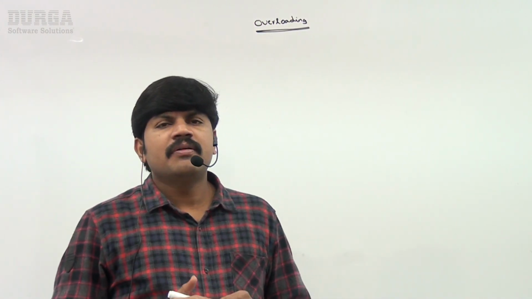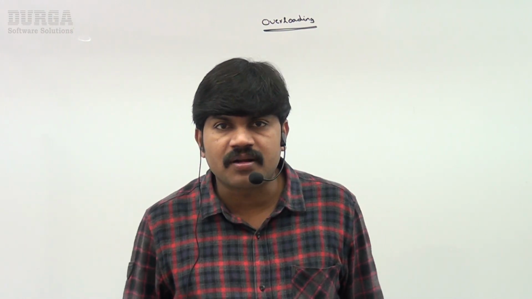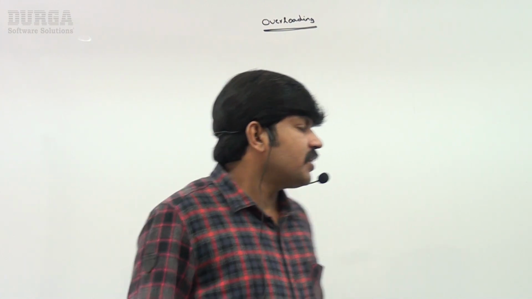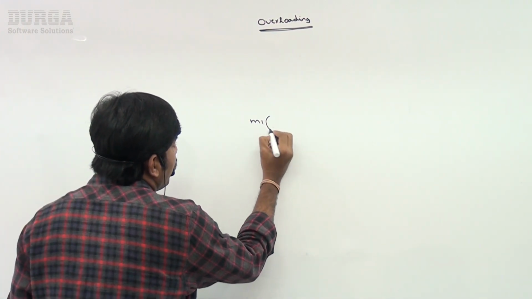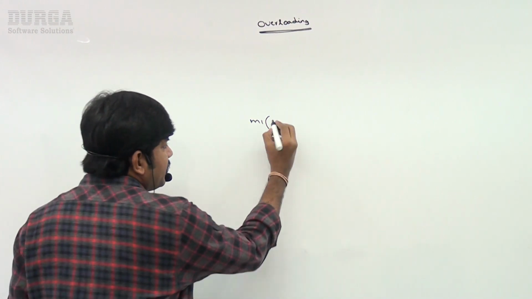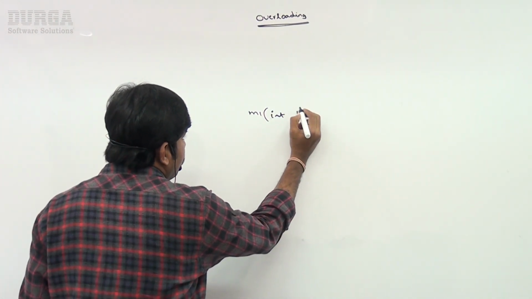Please observe when we say that two methods are said to be overloaded. Very simple. Here I have an M1 method. What is the argument type?